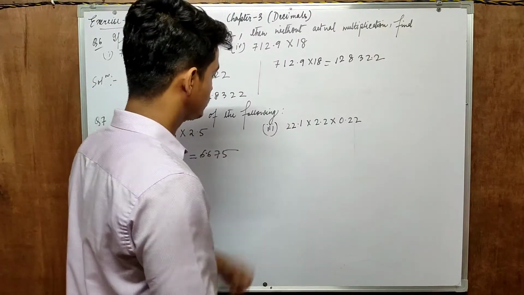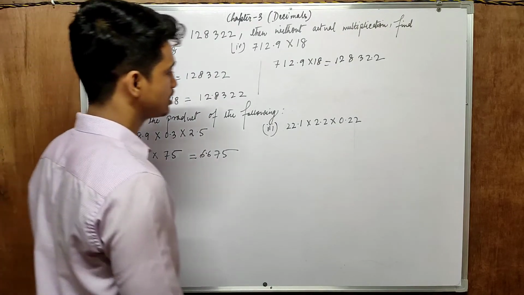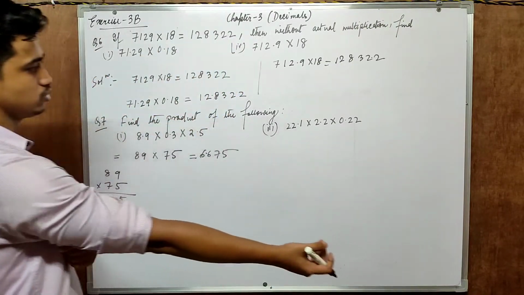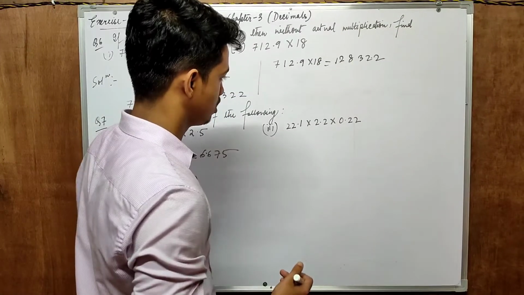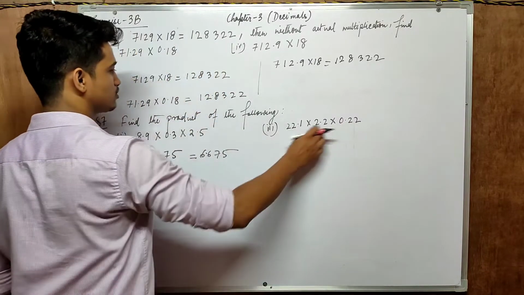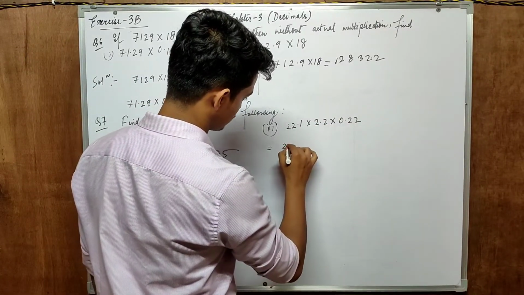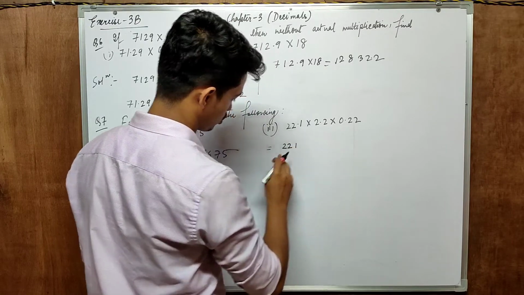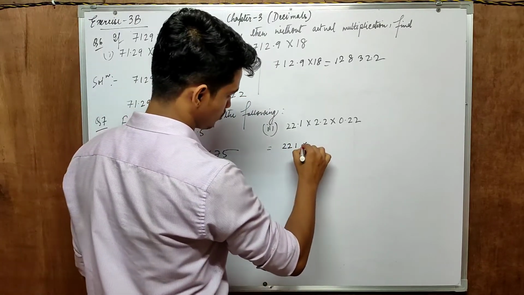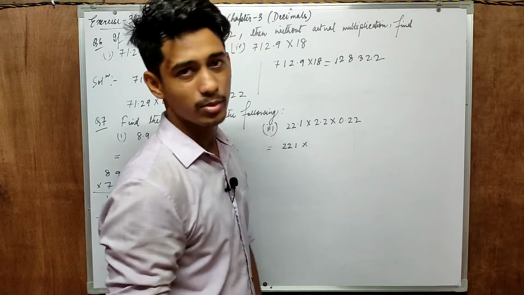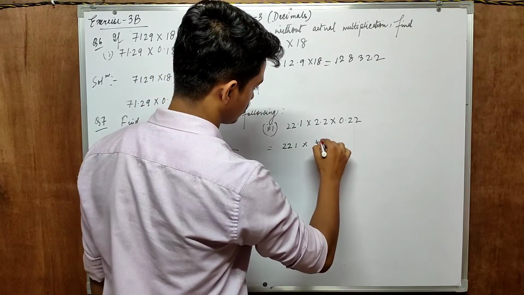Let's move on to the next question: 22.1 into 2.2 into 0.22. First of all, let's do 22 into 22, that is basically 22 square, which is 484.